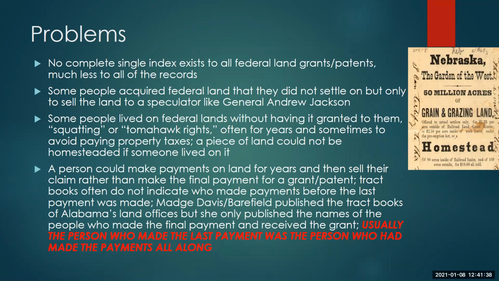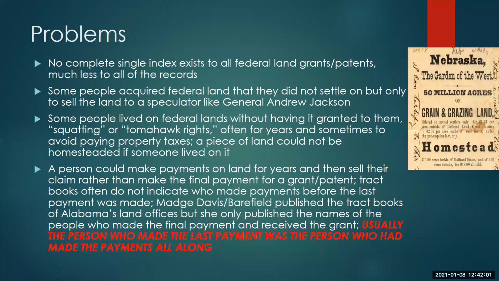So if your ancestor was making payments on a land grant in Alabama, but did not actually make the final payment and did not get the land grant, they're not going to show up with that grant in Miss Barefield's book. Now, in defense of Madge, who was a good friend of mine, she's right 90-something percent of the time.